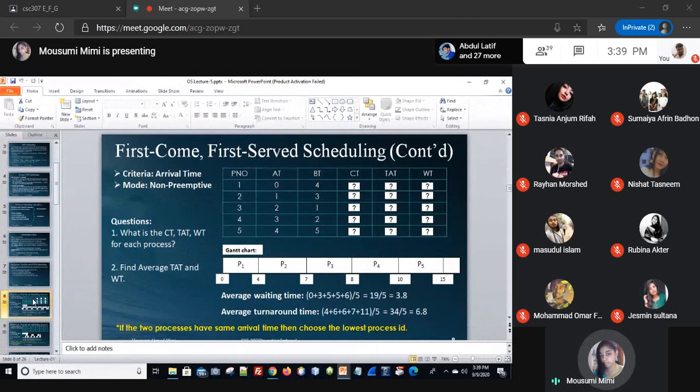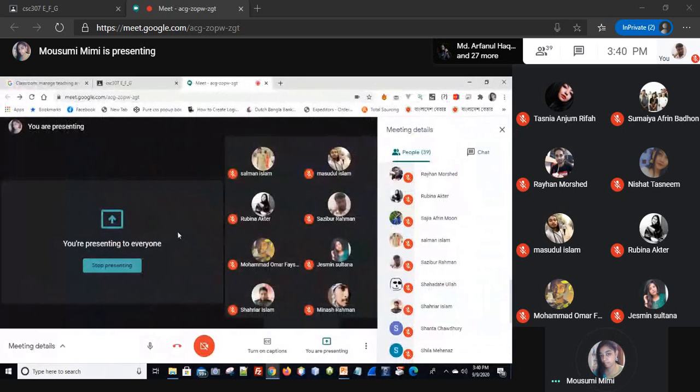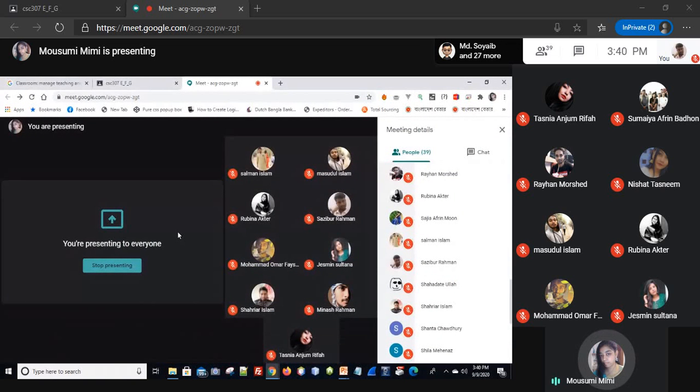According to the scenario, at first you have to find out which type of algorithm I am talking about. After that, there will be this type of table: process number, arrival time, burst time. Now, according to your logic, you have to complete the algorithm. You have to find out the completion time, turnaround time, waiting time.